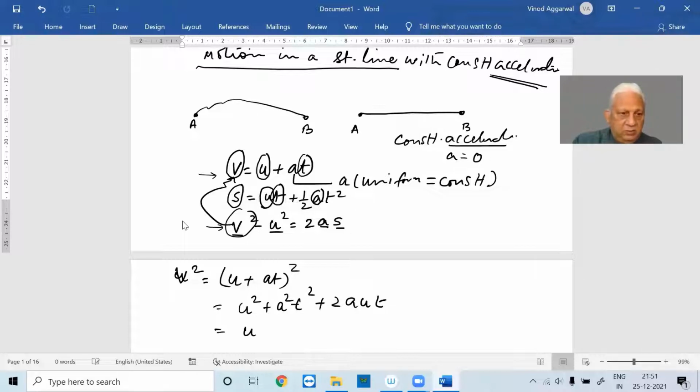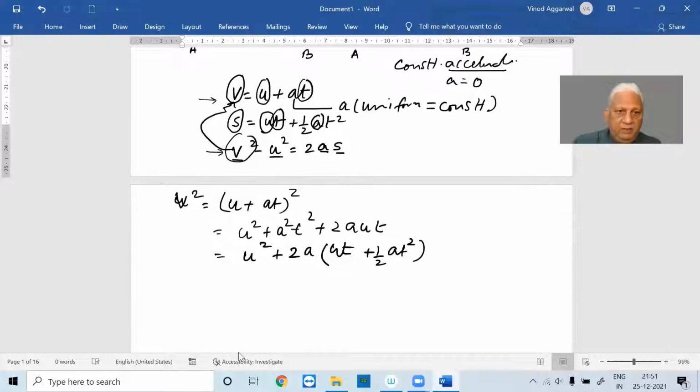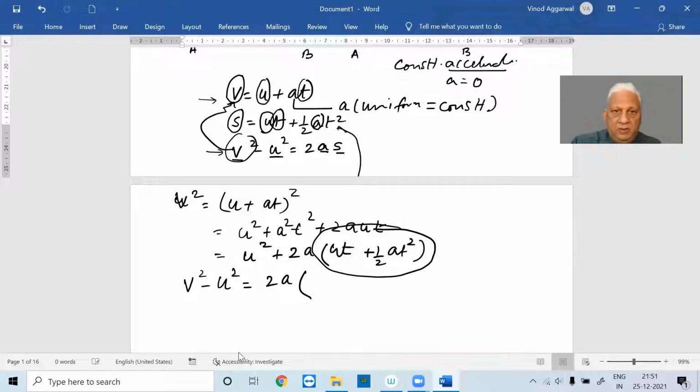This is equal to u square plus 2a times (ut plus half at square), or we can say v square minus u square is equal to 2a, and this term was our distance here. Okay. Right.